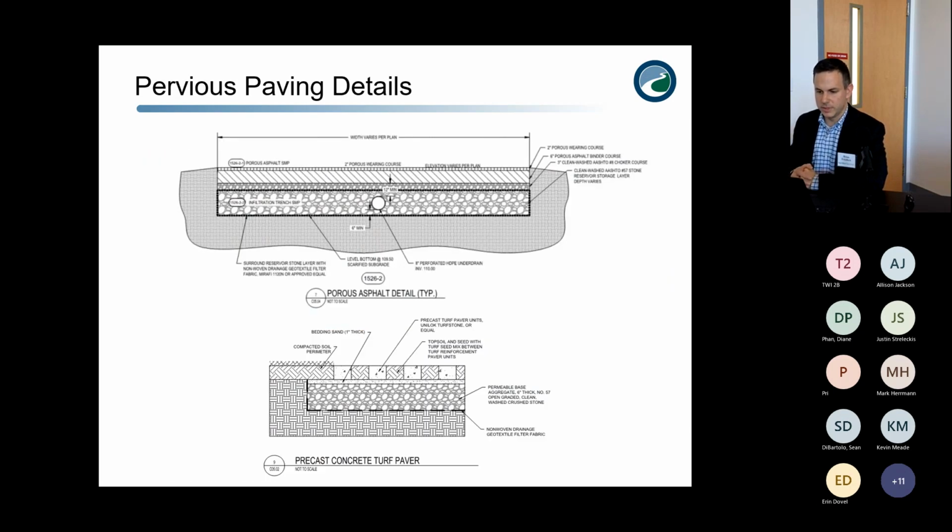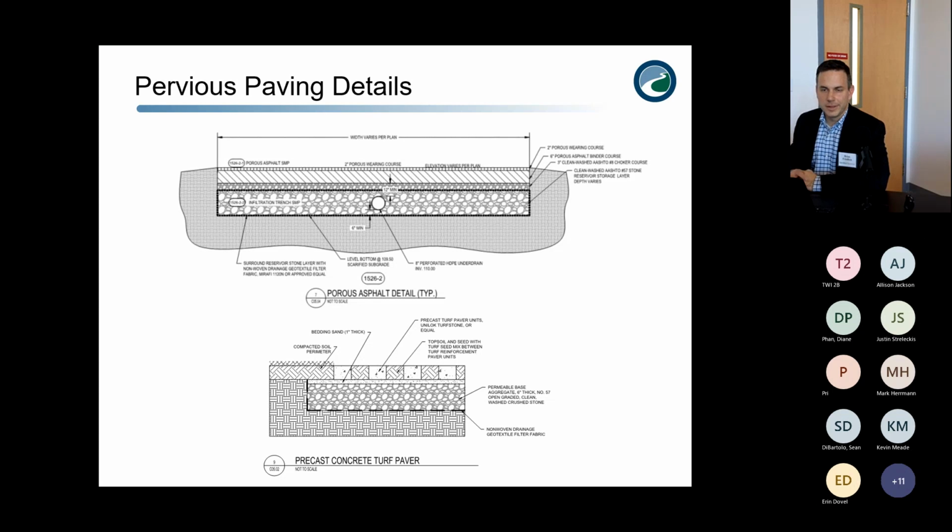And this just shows some different typical details that we've used. On the top is a porous asphalt detail where you have that surface wearing course and a base course, and then that open graded storage below. You can design these with an underdrain if you have poor soils, just like you do with retention.